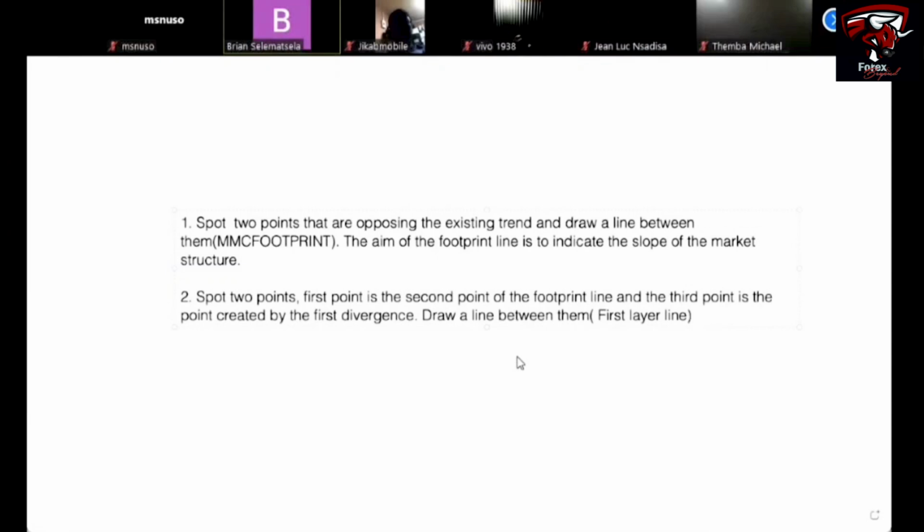What I actually mean here is that the first 2 points, the first point, is the second point of the footprint. In a situation where the market moves like this, and it moves like that, let's say the market is coming while trending down like that.